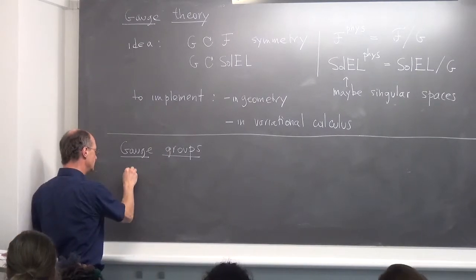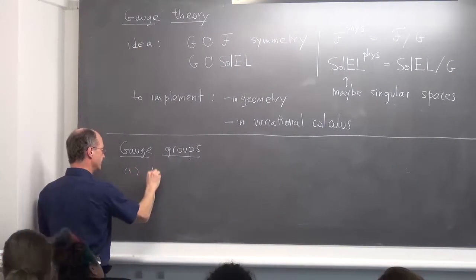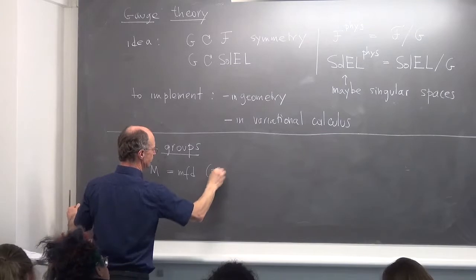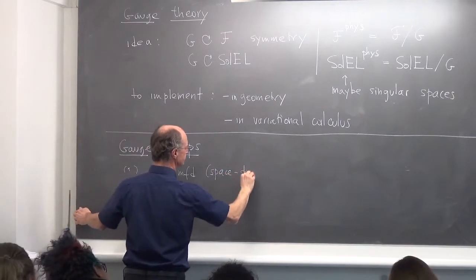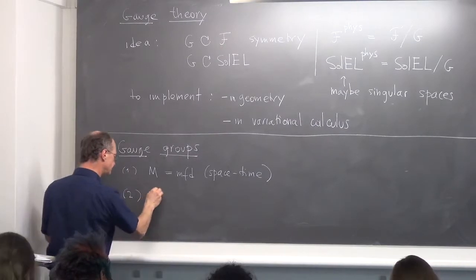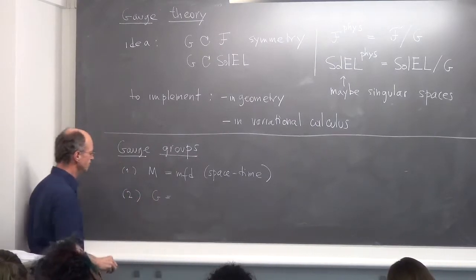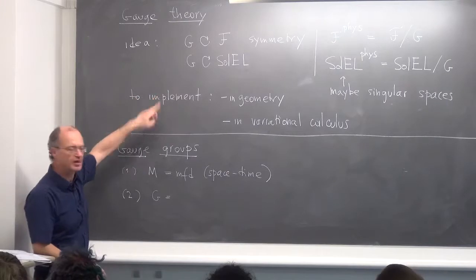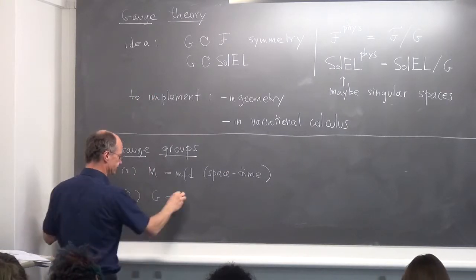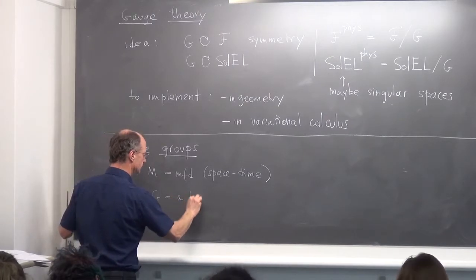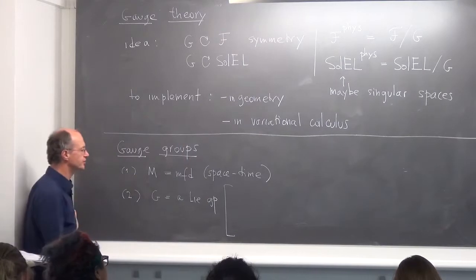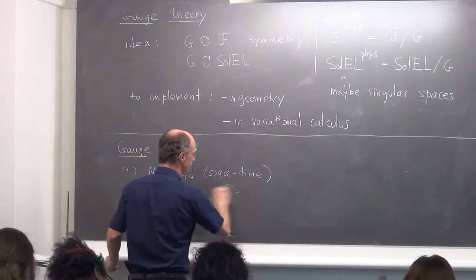So the data that we need to start with is a manifold M, our space-time. I will denote gauge groups by some other letter later. So here, this is just an auxiliary Lie group.